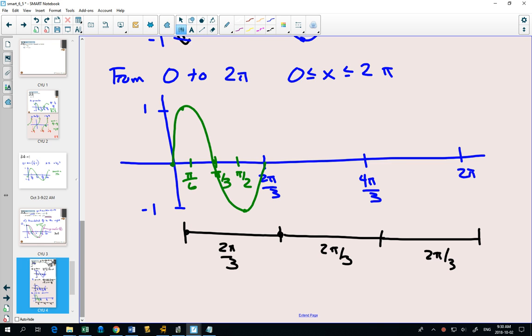And if each of those distances are 2 pi over 3, and that's our period, that means in this second section, we would need to divide it into 4 equal sections. The third section, divided into 4 equal sections. And your graph continues to go from middle to maximum to middle to minimum to middle to maximum to middle to minimum to middle.